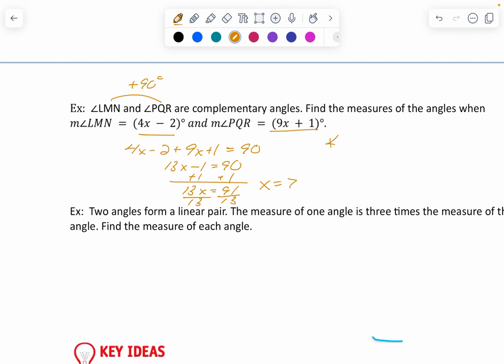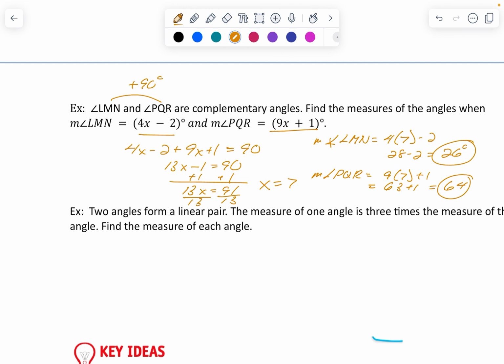So the measure of angle LMN is equal to 4 times 7 minus 2, 28 minus 2, or 26 degrees. The measure of angle PQR is equal to 9 times 7 plus 1, which is 63 plus 1, or 64.